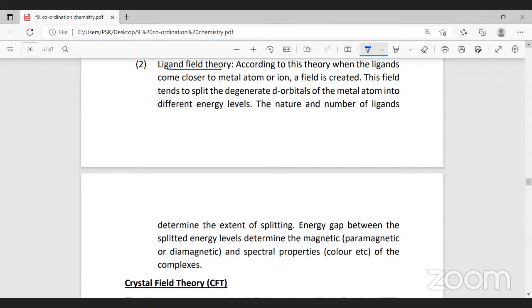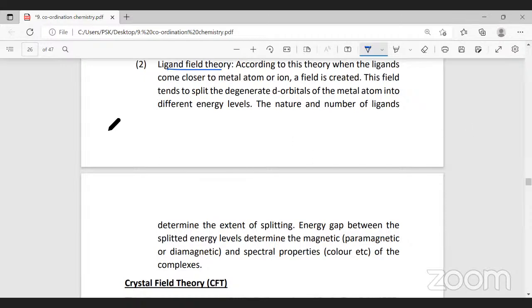I'm not sure, sir, but is it those d orbitals which will disappear? No, they don't disappear. The electrons do not circulate in those orbits, sir. All right. They exist.